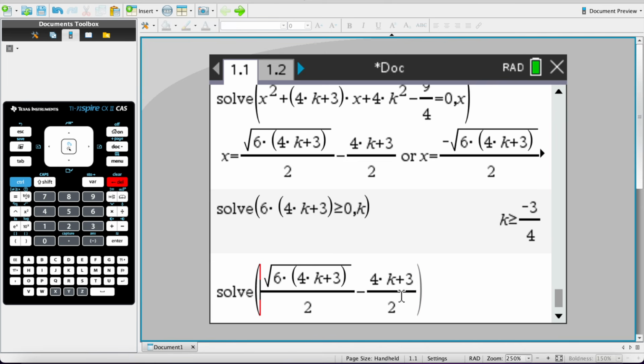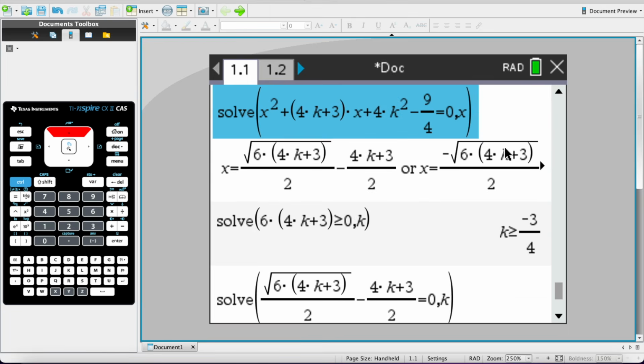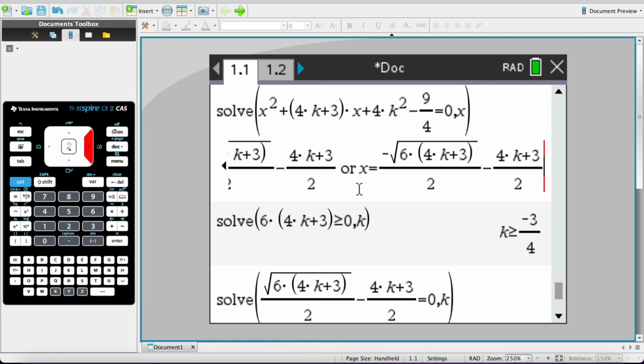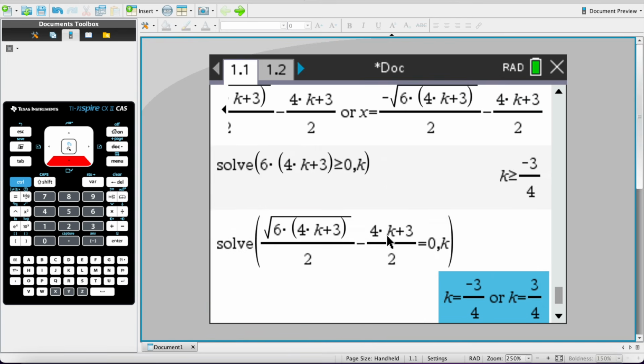So we want this to be equal to 0, or you can solve not equal to 0, but that's fine, comma k, and you get k is equal to -3/4 or 3/4. So we actually can't include this here. So first of all, it's k is greater than -3/4 now, but also we have to exclude 3/4.